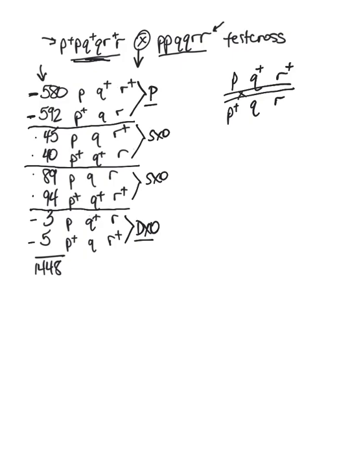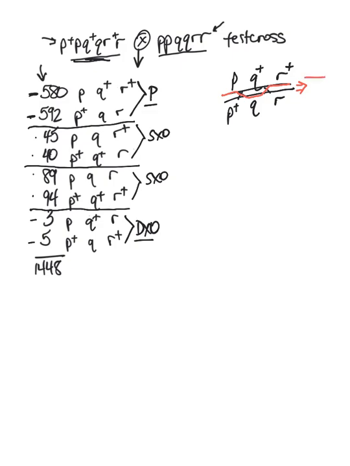If we have a double crossover, then we would have one crossover event between P and Q, and another crossover event simultaneously between Q and R. Let's see what that would give us. We would start at one end of the chromosome. We would have the gene P, then we cross over, we get Q, then we cross back up to the top chromosome and we get R+.